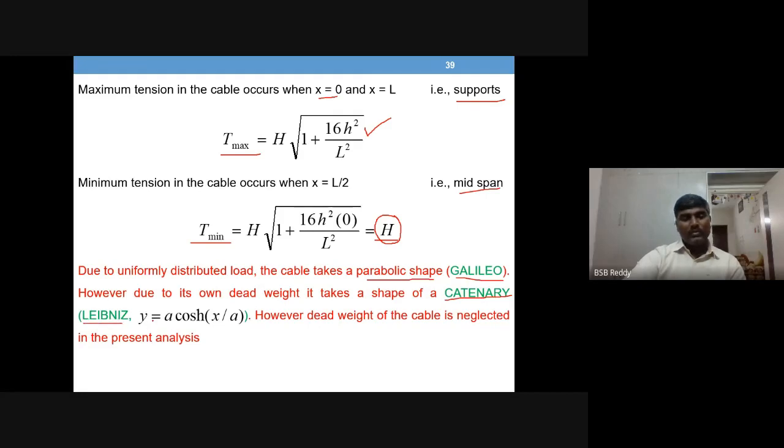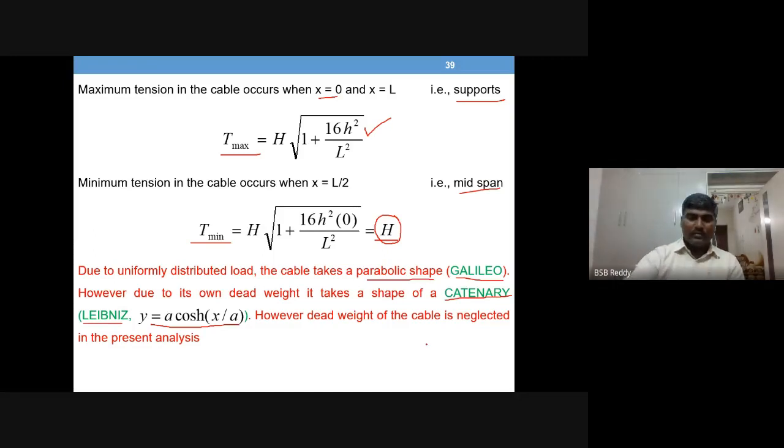The shape of the catenary is y is equal to a into cosh x by a, right? Anyhow, we are neglecting the self weight, that's why we don't get into this equation.